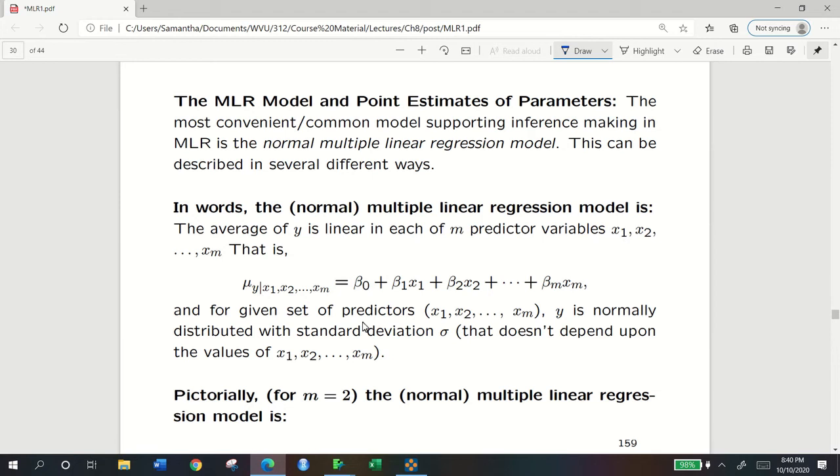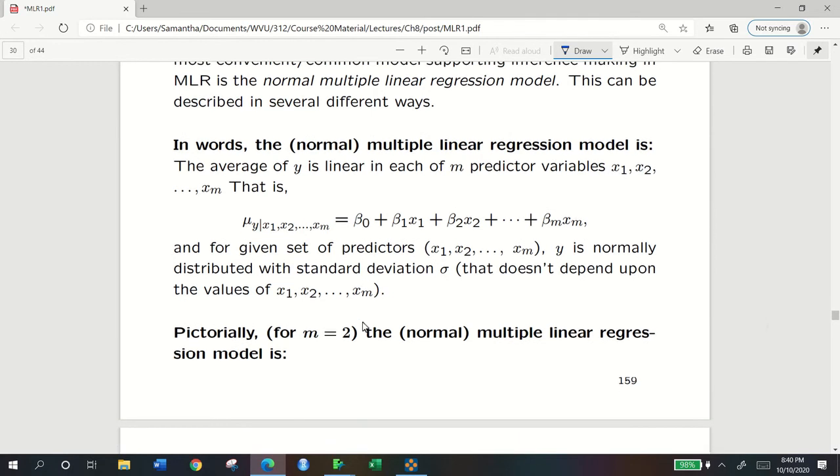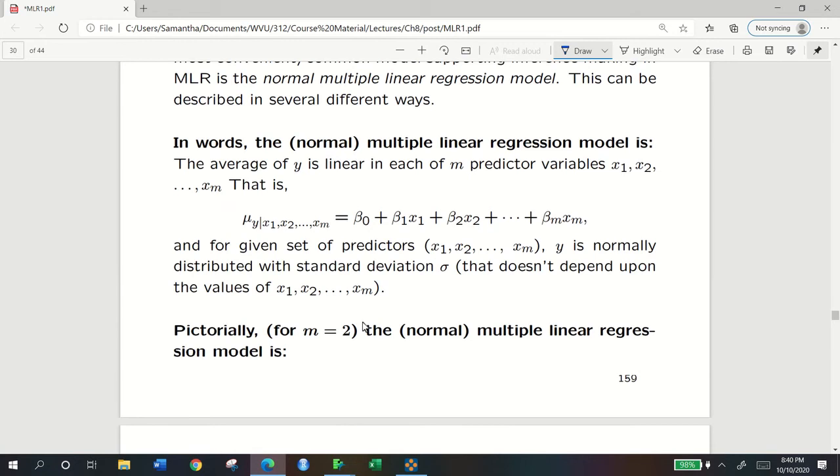That is, mu of y given x1, x2, all the way to xm equals beta naught plus beta 1 x1 plus beta 2 x2 plus dot dot dot plus beta m xm for a given set of predictors, and y is normally distributed with standard deviation sigma that does not depend upon the values of x1, x2, all the way to xm.